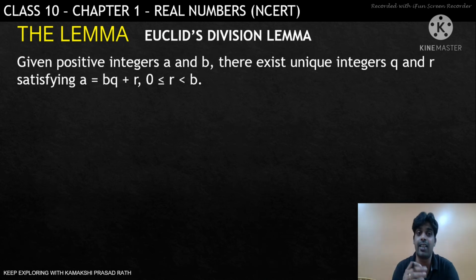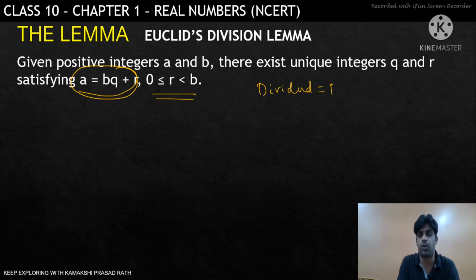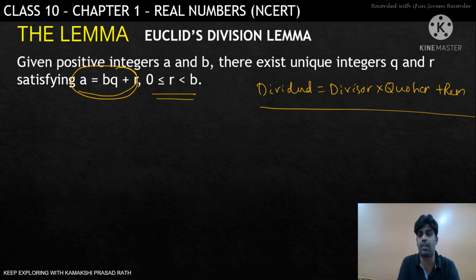If you note this, it resembles our division algorithm, that is dividend equals divisor into quotient plus remainder. It is the same thing. That means a equals bq plus r.